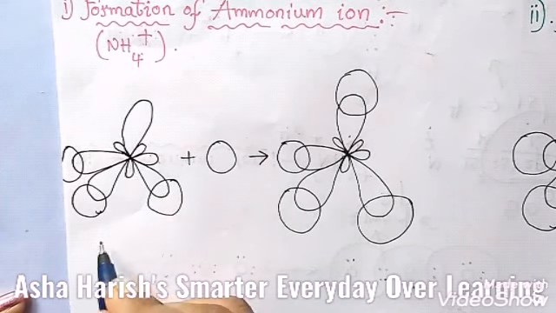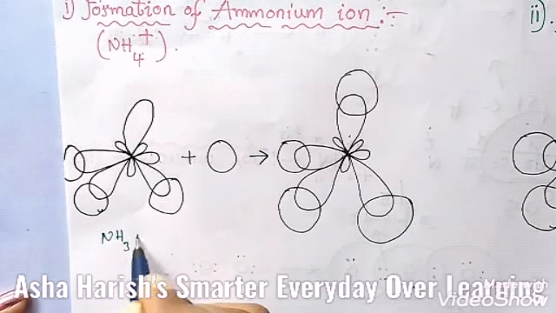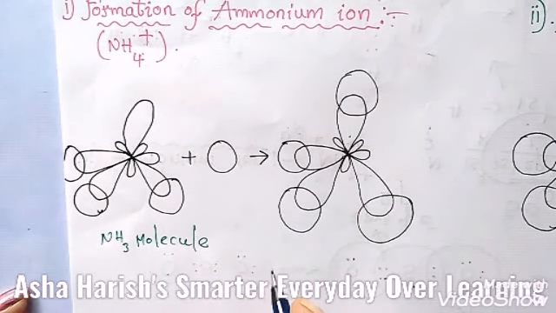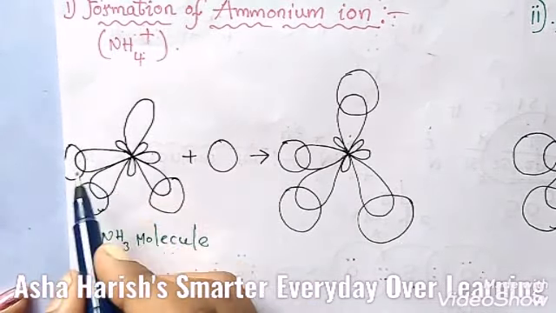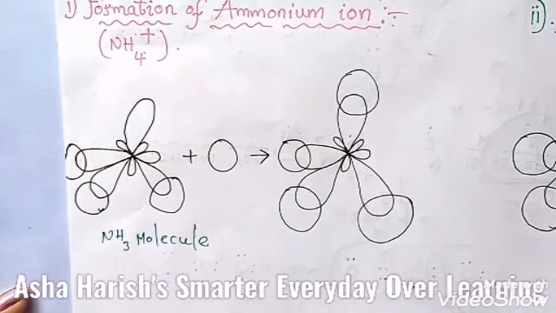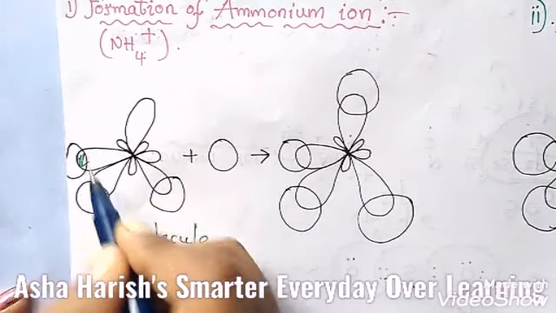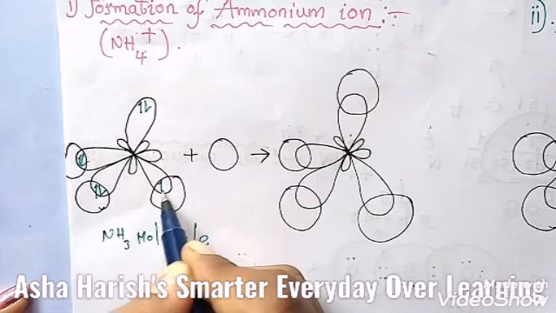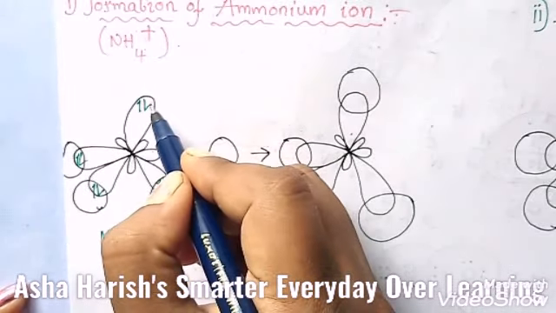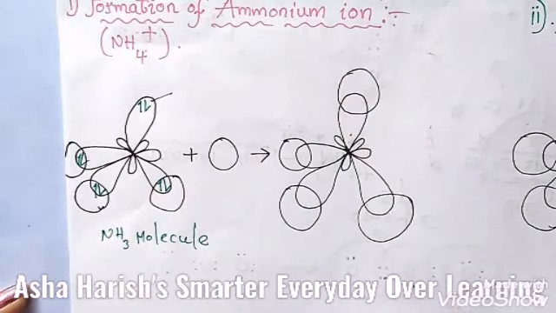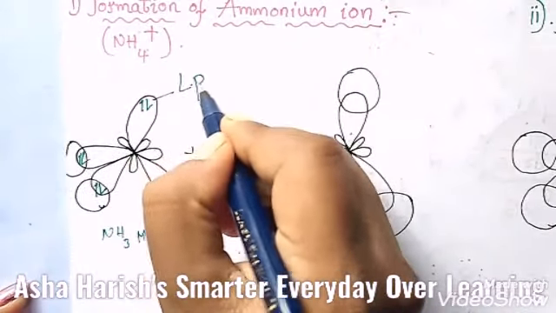In this diagram, this belongs to the NH3 molecule, and here the combination of this s orbital and this p orbital takes place, and here 2 electrons are located, here 2 electrons, here also the same, and here also the same. This one pair of electrons is known as the lone pair, LP.